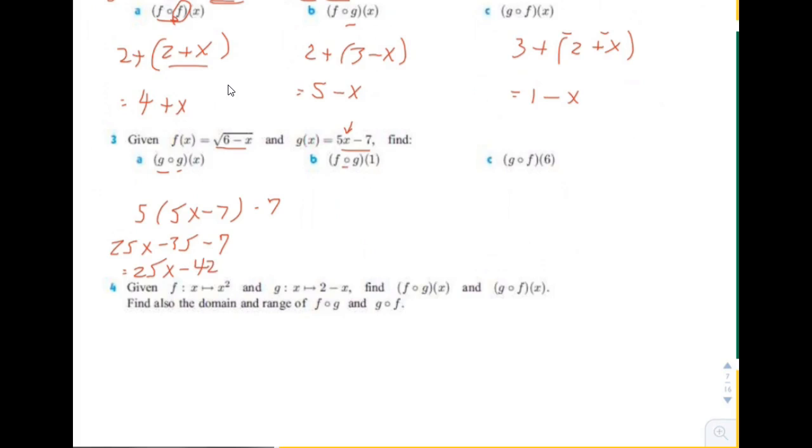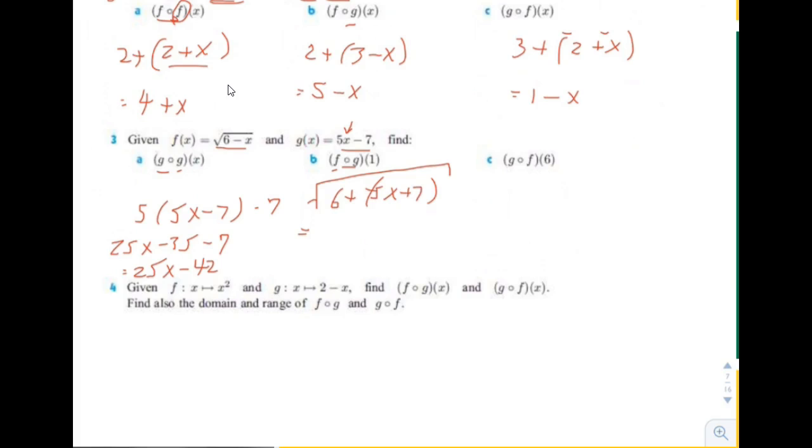Okay, and then what about f follows g, and then we plug in 1. So first we do g, which is 5x minus 7, and then we plug that into the f function, which is the square root of 6 minus something. And then we're going to simplify that, so we're going to distribute the negative sign.